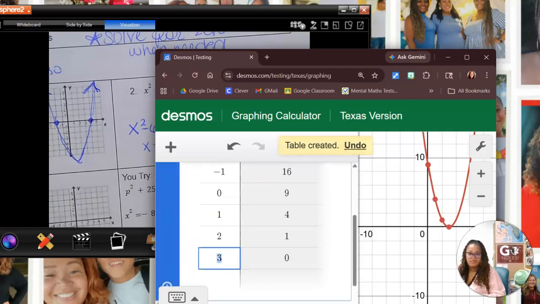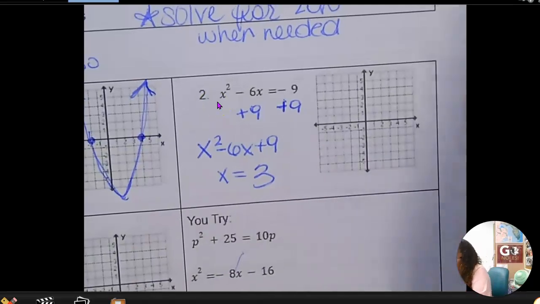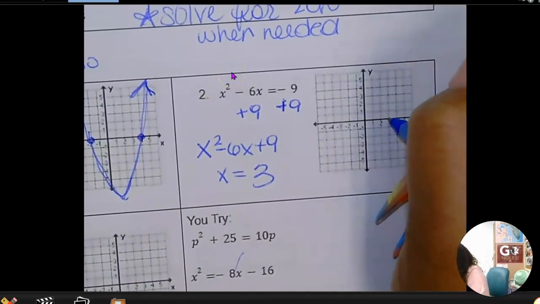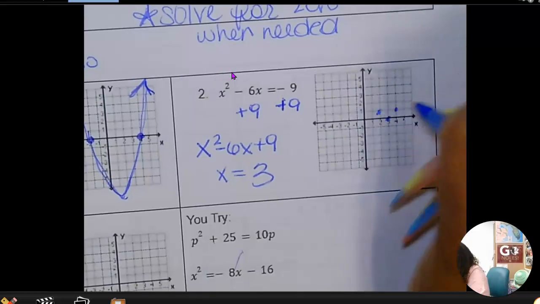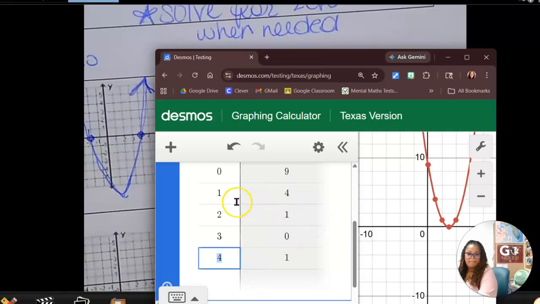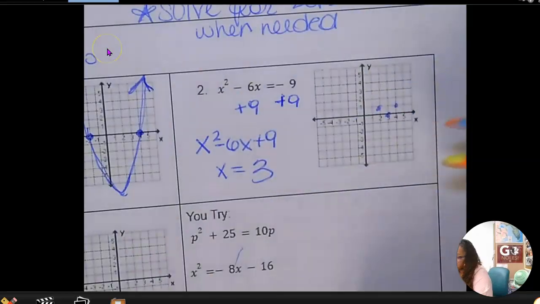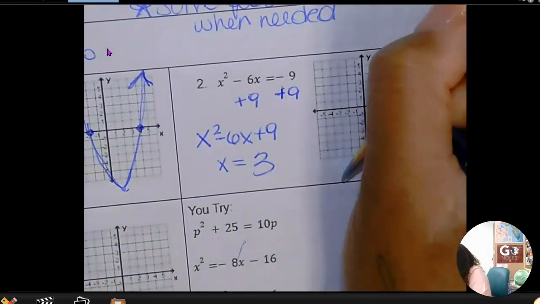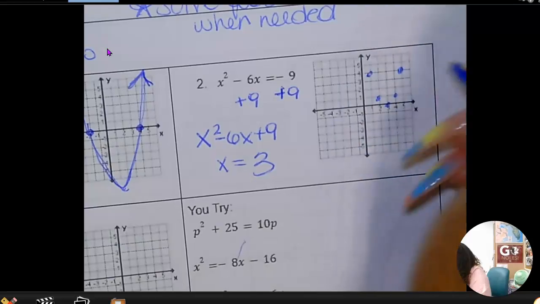Let's see, 3, 0, 2, 1, and 4, 1. Run 1, jump 4. So then it's going to be the same mirror image over here. Run 5, jump 4.